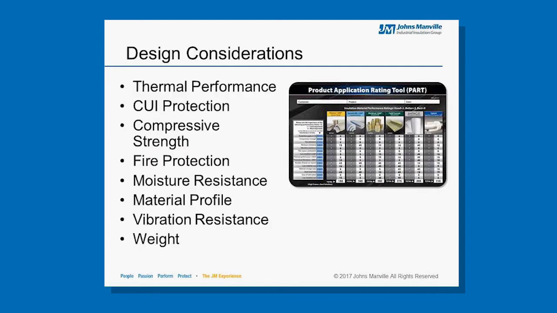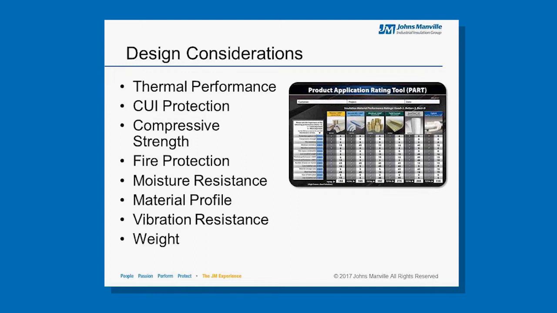As an engineer, there are a number of design considerations to be considered. At JM, we understand that CUI protection, long-term durability, and thermal performance are key for some applications. Other criteria are important for different applications, such as passive fire protection.